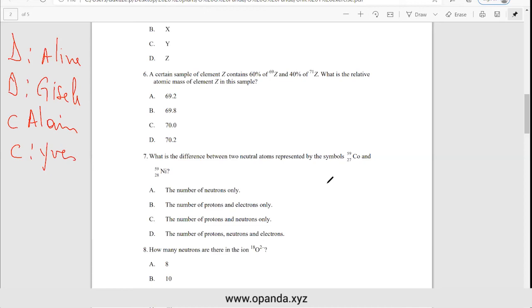The one who wants to give us an explanation why they have chosen D, you can raise your hand. Or you can even use the chat, or your microphone to be unmuted so that you can explain.